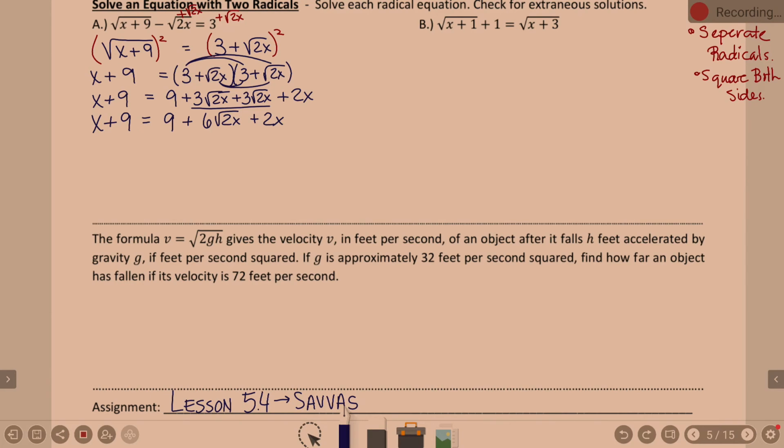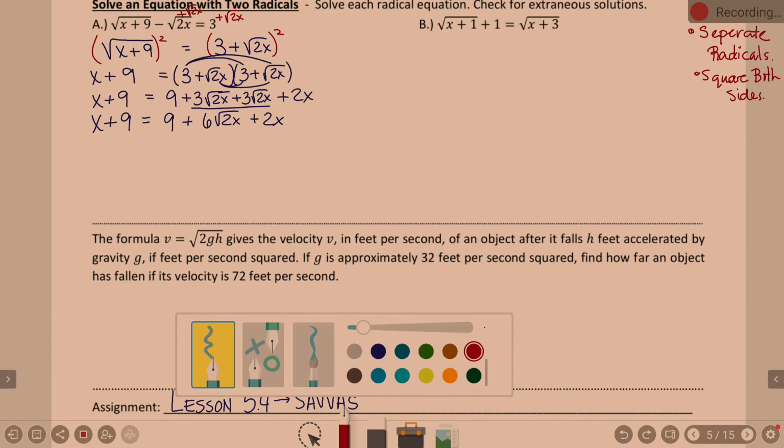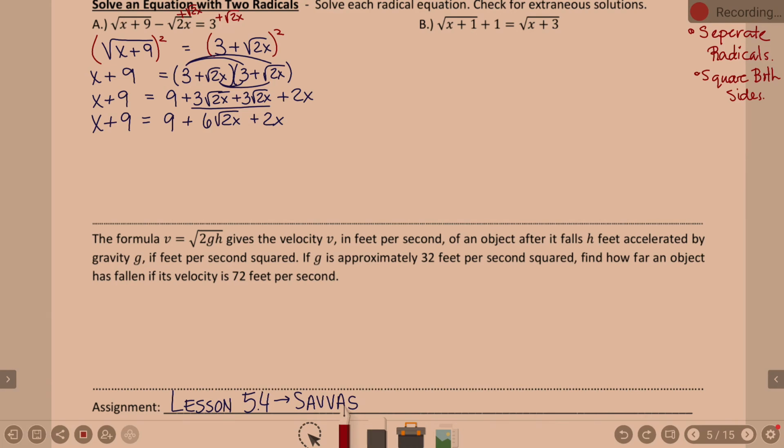What do I need to move away from the radical term? The 9. How do I move this 9? If it's positive 9, I'm going to subtract 9. What else do I need to move? 2x. How do I move a plus 2x? I subtract 2x. Okay?